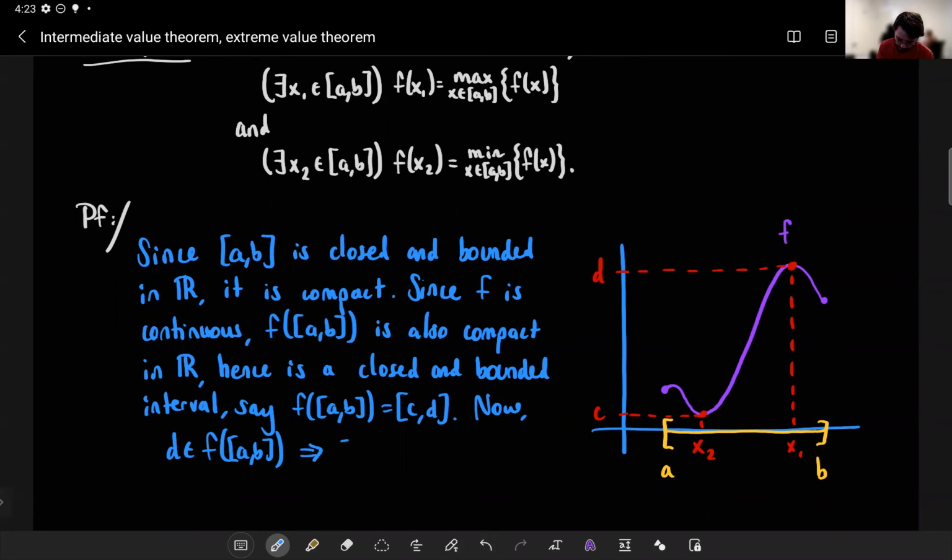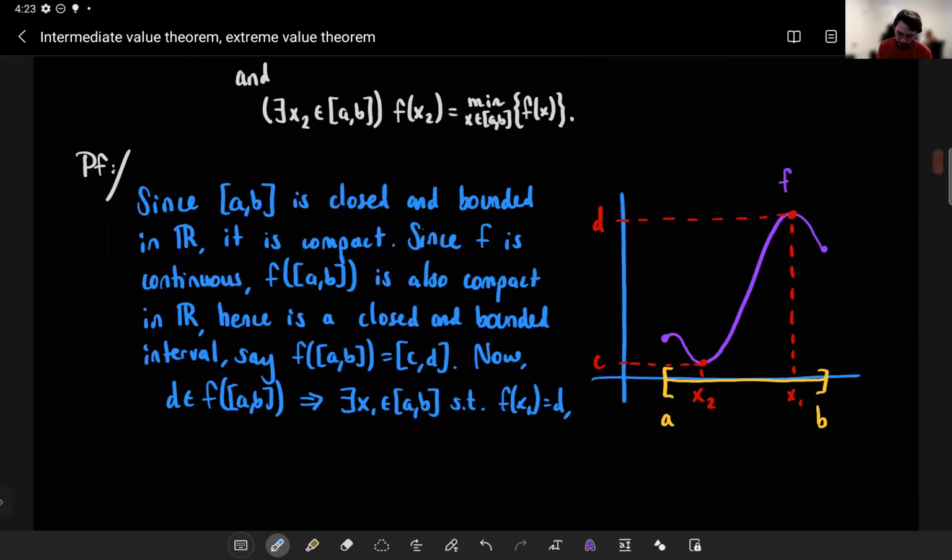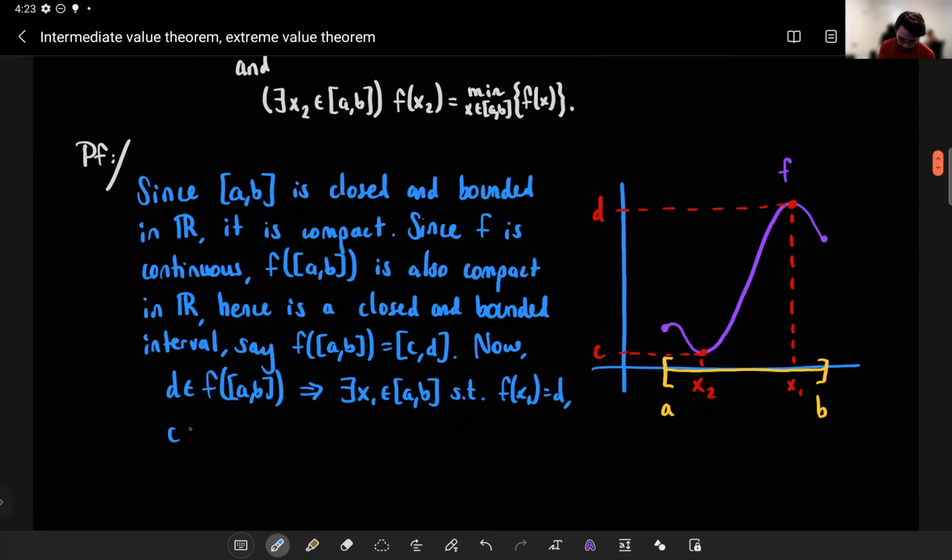That means there exists some, I'll call it x1, in that domain, such that f of x1 equals D. And similarly for C, right? C is, again, a closed endpoint, so it has to be in this. This time we'll say, okay, since it's in the image, call it x2 this time, it ends up mapping onto C.